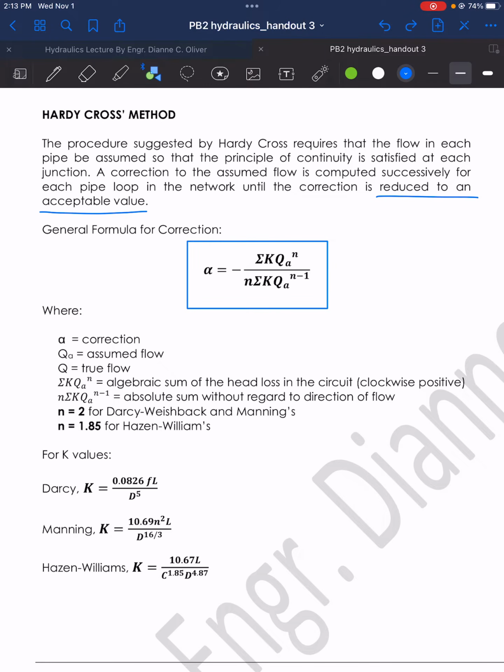So remember that whenever we use the Darcy formula, we're using the friction factor F, with Manning's we are using the roughness coefficient n, and with Hazen-Williams we're using the coefficient C.